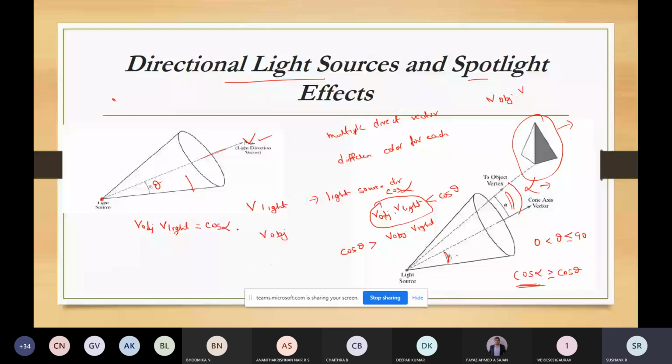Cos alpha should be greater than or equal to cos theta for visibility. I'll rearrange this.